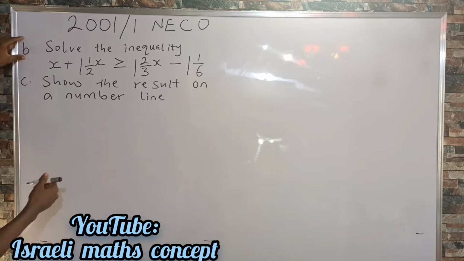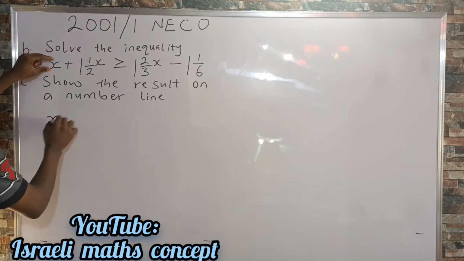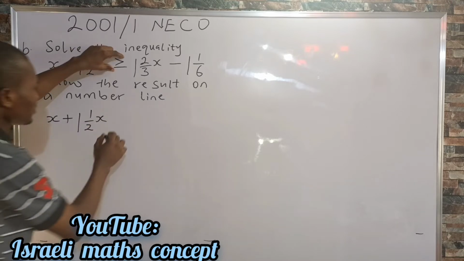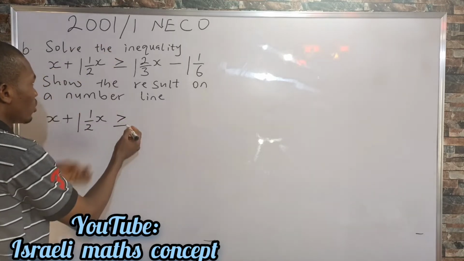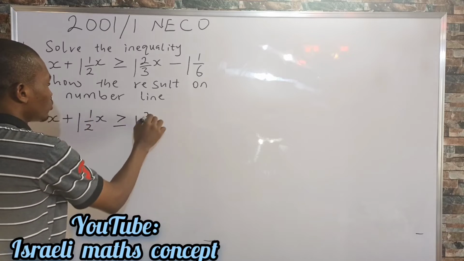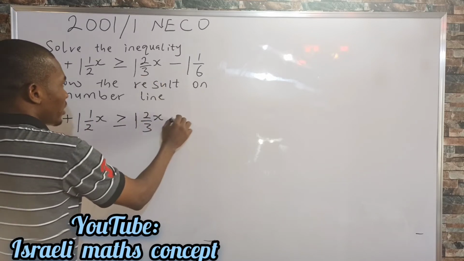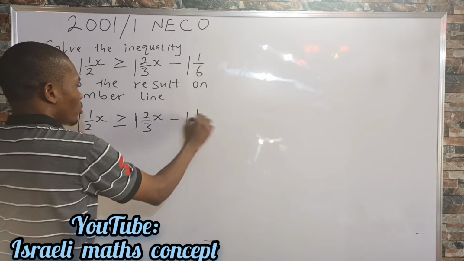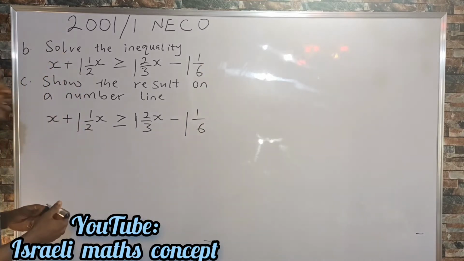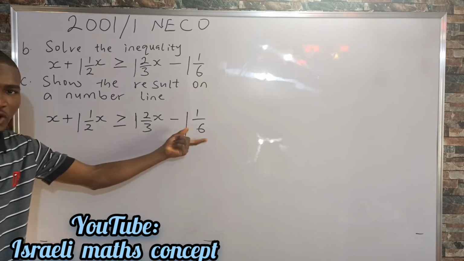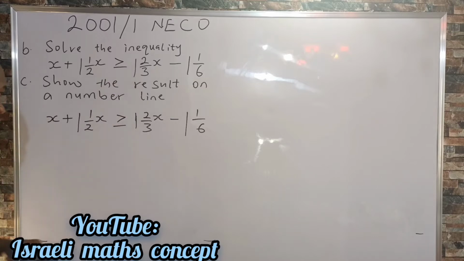Remember the question for the B part: we have x plus 1 whole number 1 over 2x is greater than or equal to 1 whole number 2 over 3x minus 1 whole number 1 over 6. Looking at this inequality, the first thing we shall do is to convert the mixed fractions to improper fractions.